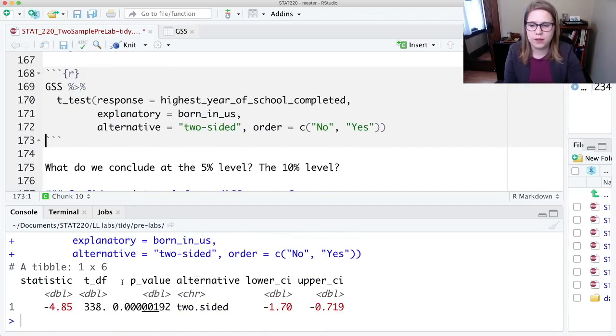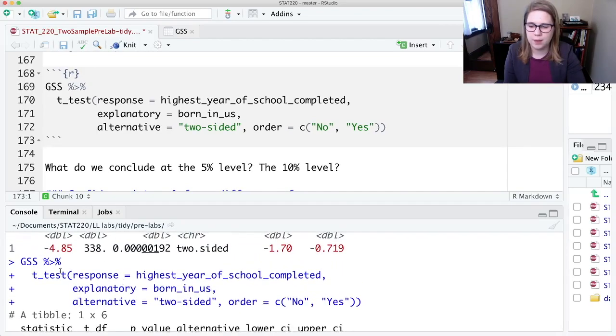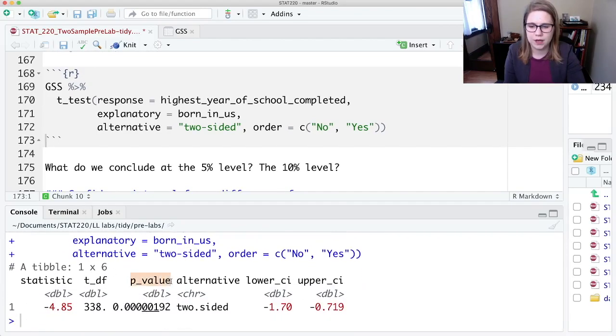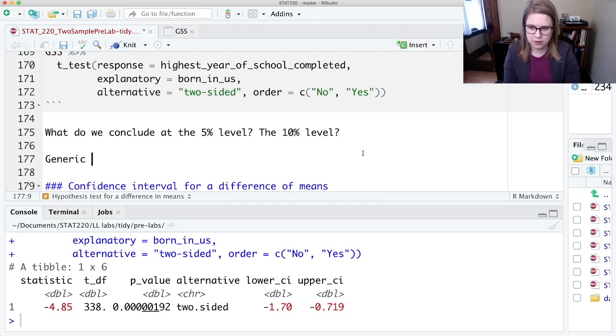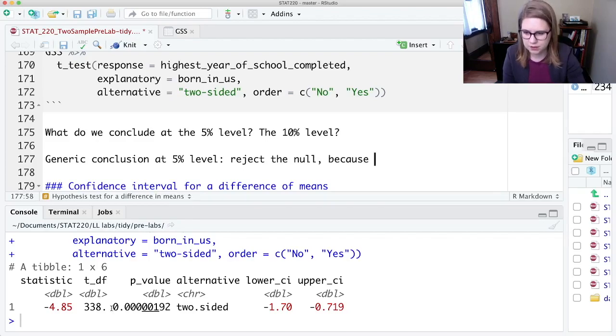So for the hypothesis test, the thing that we're focusing on is the p-value. And we could think about our generic conclusion at the 5% level. And let's see, we have a very small p-value, so we reject the null because, I'm going to copy it actually because it's a lot of zeros, this whole thing is less than 0.05.